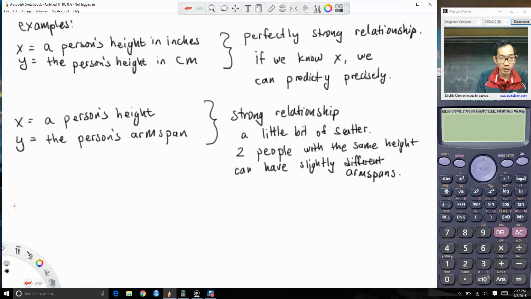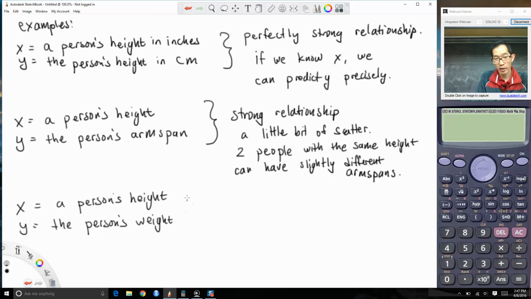And then lastly, we could have a person's height and y would be the person's weight. Here there's still overall a positive relationship.